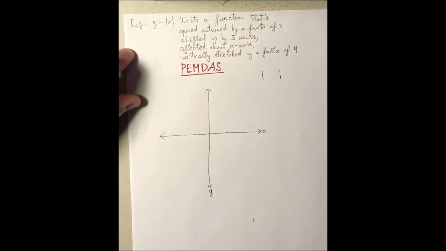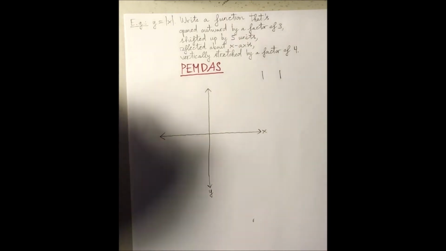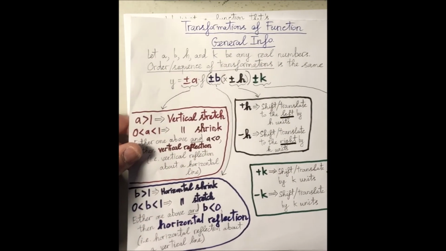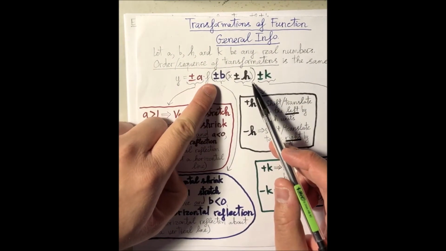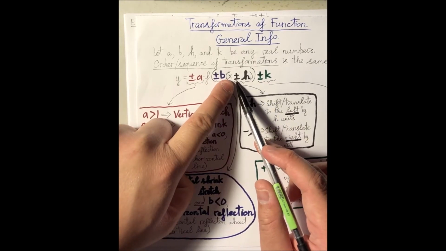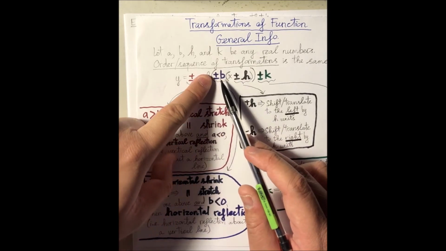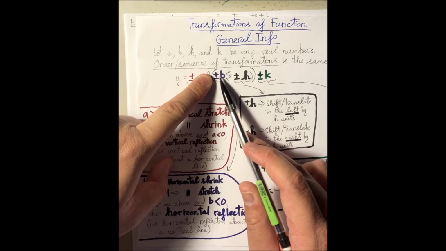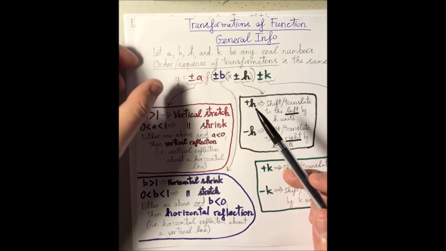Like that. So inside the parentheses, according to the general formula for transformation of function, inside a function we have horizontal translation either to the left or to the right, and then we have horizontal shrink or stretch, either by plus b or minus b.